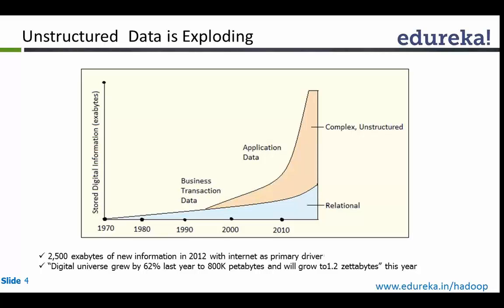So just a quick look at some numbers on how big data is transforming the world today. Most of you are on Facebook, which analyzes and stores more than 50 petabytes of user-generated data. It's just a rough number.